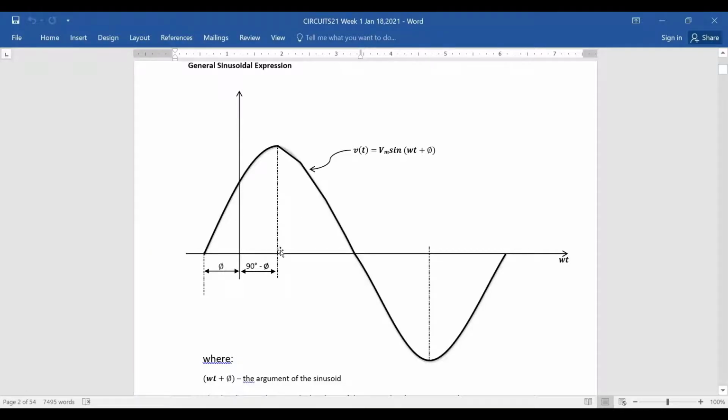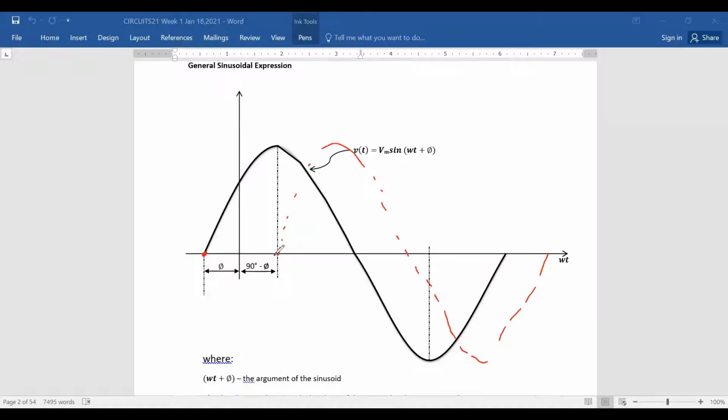Let's say, for instance, if I move this one to the left side here, if we start here, then our sinusoid will be like that.